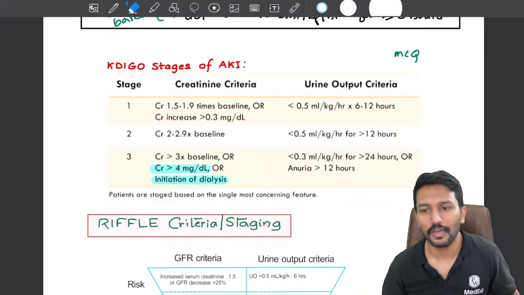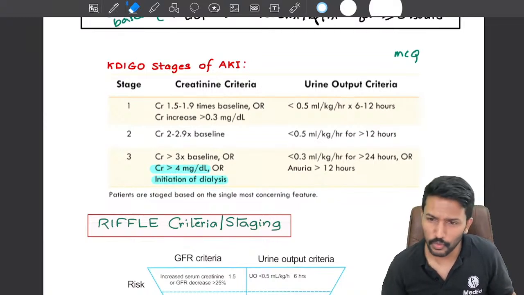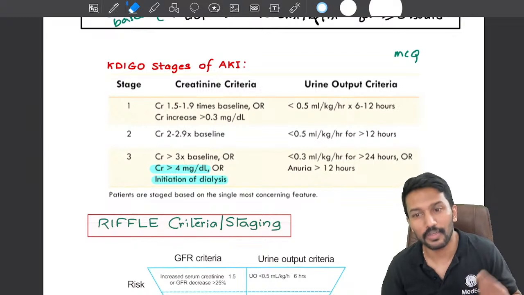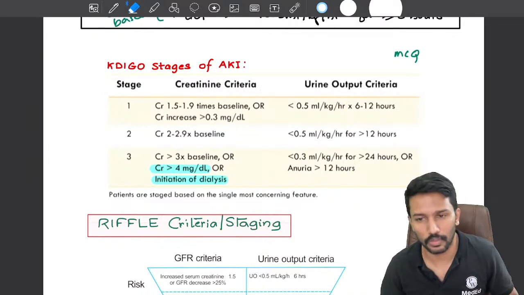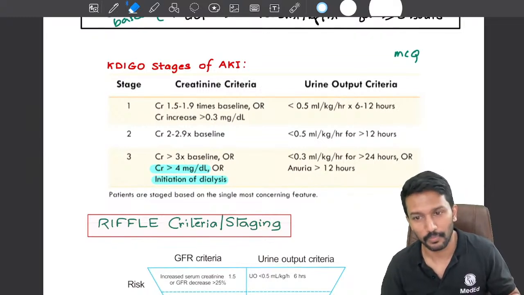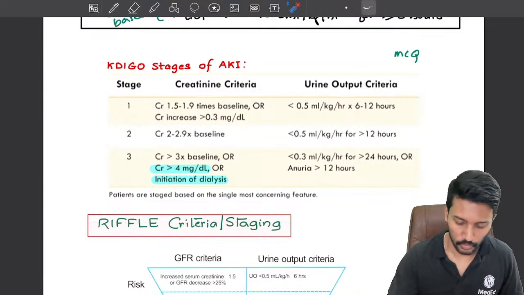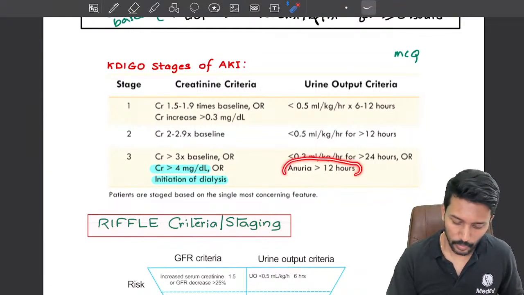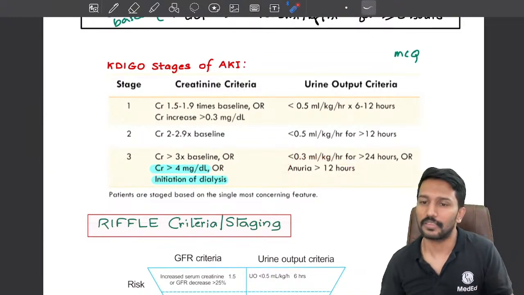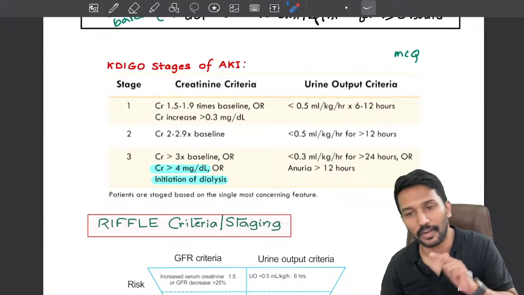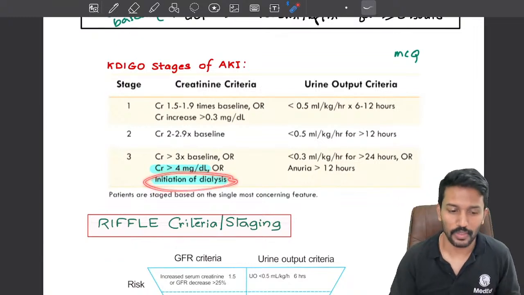What is the stage of acute kidney injury? Creatinine had gone from 1.1 to 1.3 or so, which technically doesn't even fit the definition of acute kidney injury, right? But the patient had anuria. So anuria puts the patient into stage 3. Similarly, the patient had been started on dialysis, which also puts the patient into stage 3.